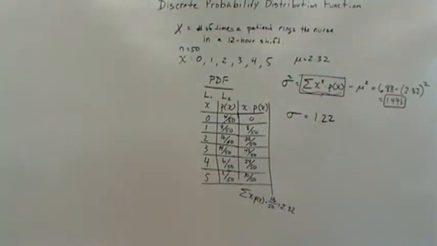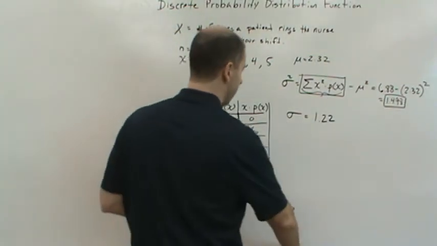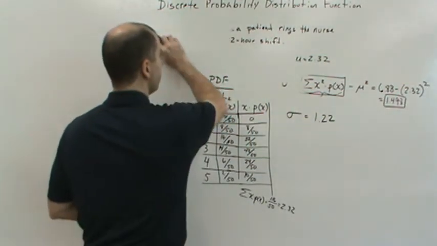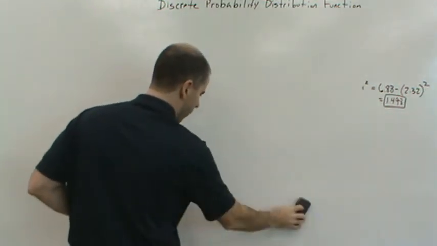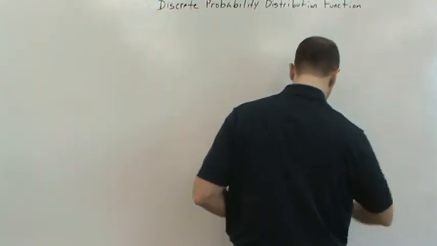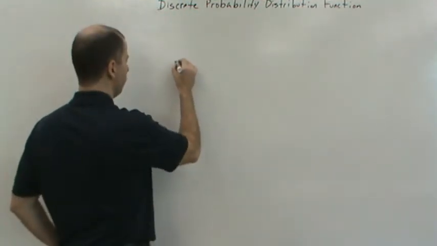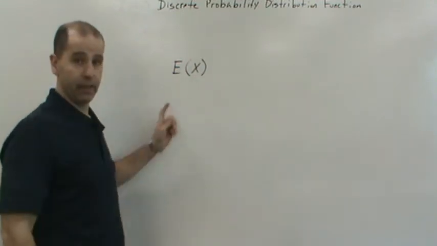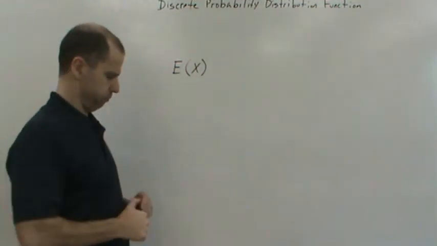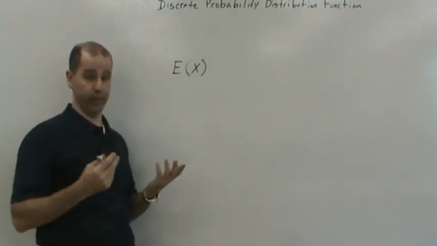Also, and this is a good point to bring up here, when we talk about the mean, another terminology that we use is expected value. So expected value, and we denote expected value as E of x. So where does expected value come in? Expected value comes in all over the place.